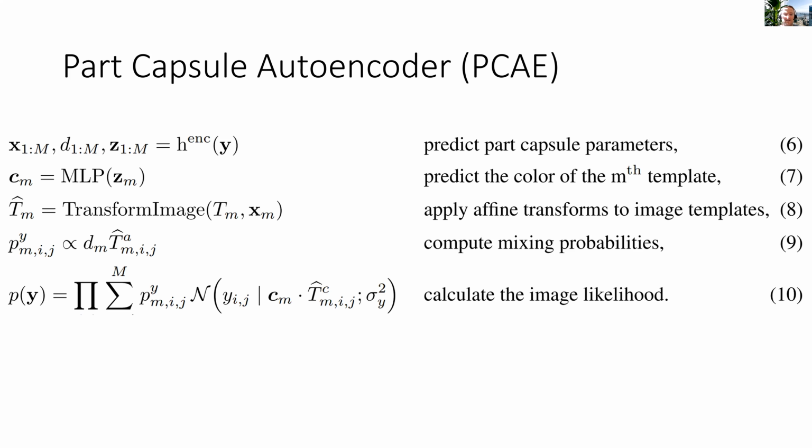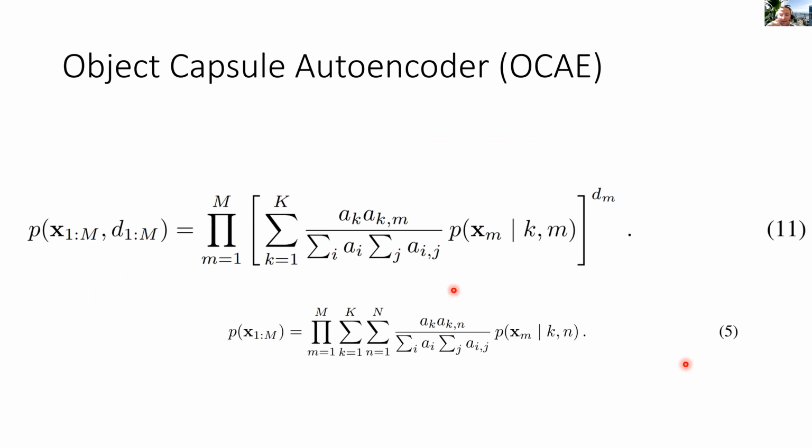Object capsule autoencoder. This section is probably even more confusing than the last two, but having identified parts and their parameters, we would like to discover objects that could be composed of them. To do so, we use concatenated poses, XM, special features, ZM, and flattened templates, TM, which convey the identity of which part capsule, as input. This differs from the first capsule in the following ways.